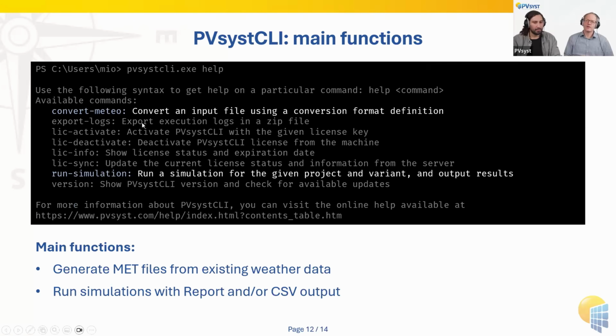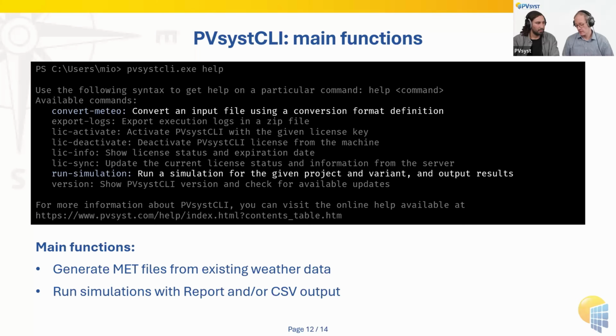But of course, in a real use case, you won't be typing commands on a terminal all the way to use PVsystCLI. The whole idea of this is to automate all this process and to integrate it into your workflow and to operate PVsystCLI from scripts.